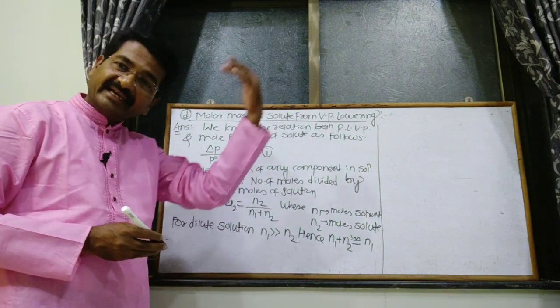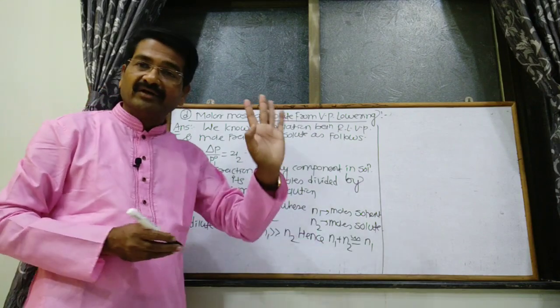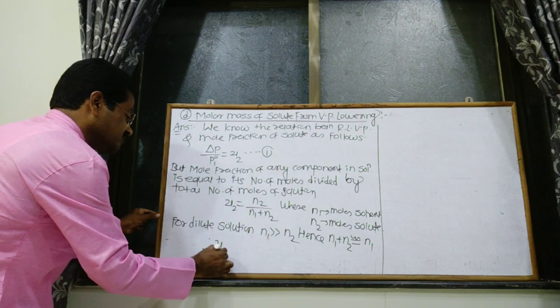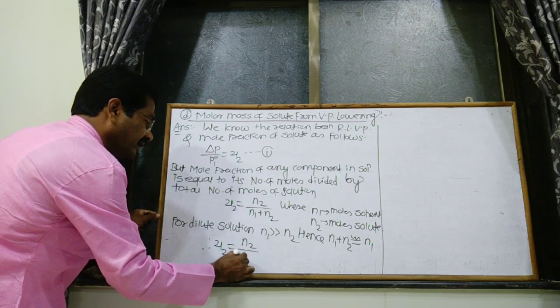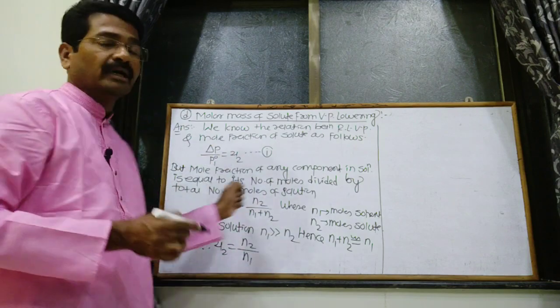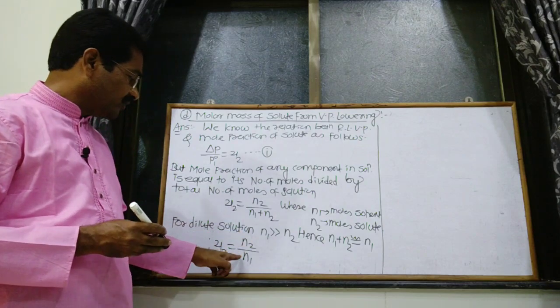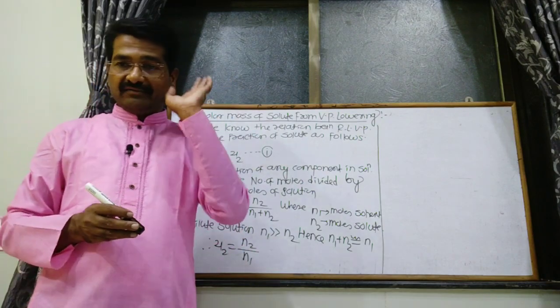Putting this value in the above equation, we get x2 is equal to n2 divided by n1.